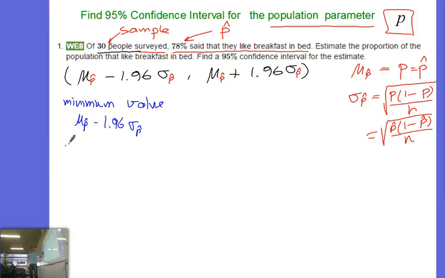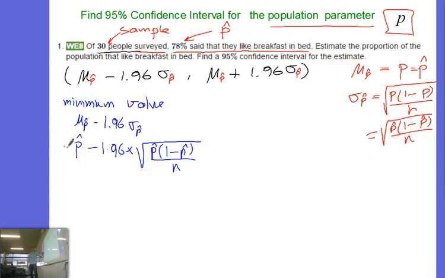The mean is the p hat number, and then we subtract 1.96 times the standard deviation of the distribution of p hat, which is this formula. So let's plug in our values.